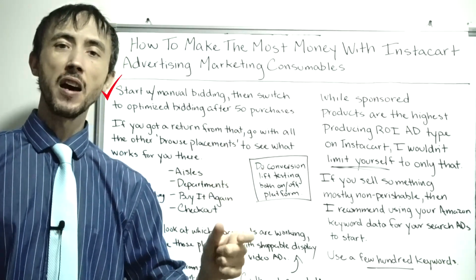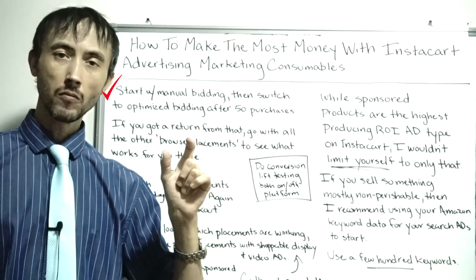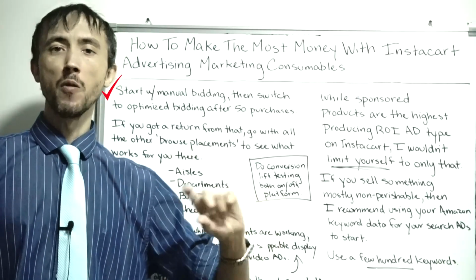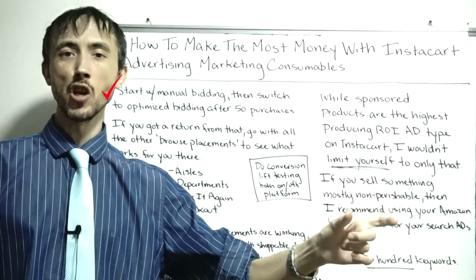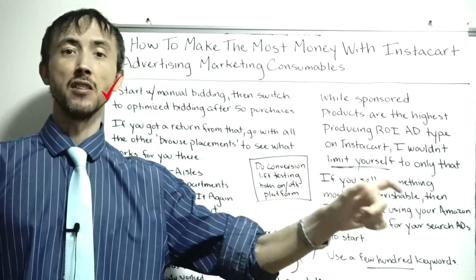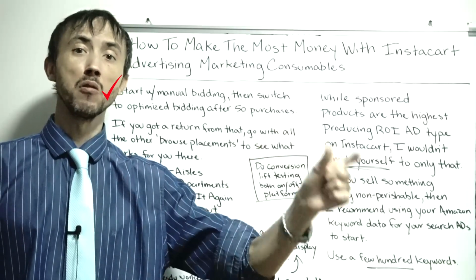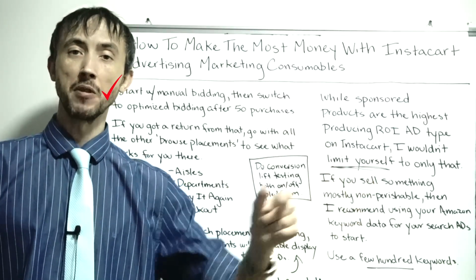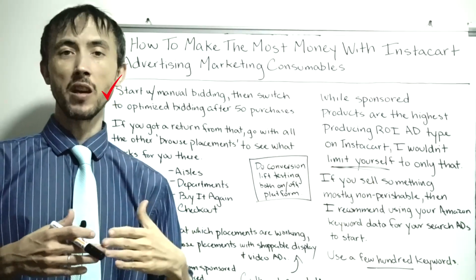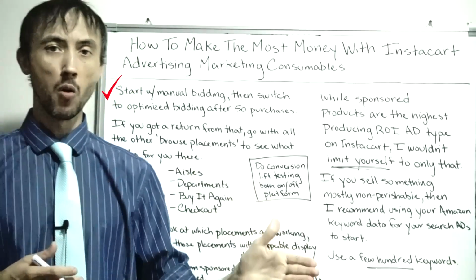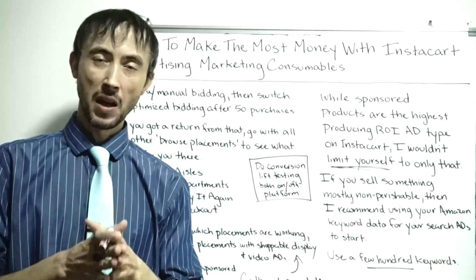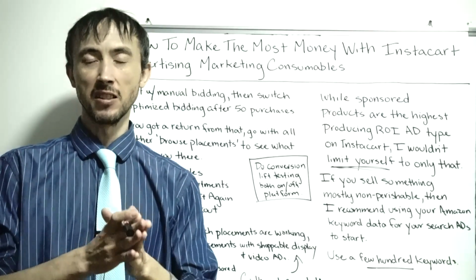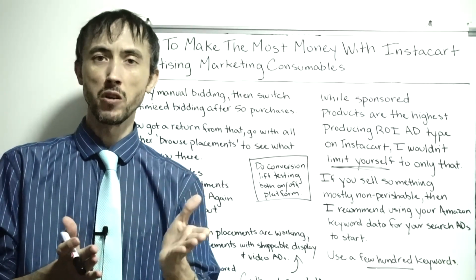So through the optimized bidding, they'll figure out over time that if they search for this keyword, your ad shouldn't necessarily show up for males that search for this keyword versus females. It should show up more or a higher percentage of the time, because it's not an on or off thing. Just because you bid on a keyword doesn't mean you'll always show up. The system that the Instacart platform has decides, will you show up for this keyword or will you not?